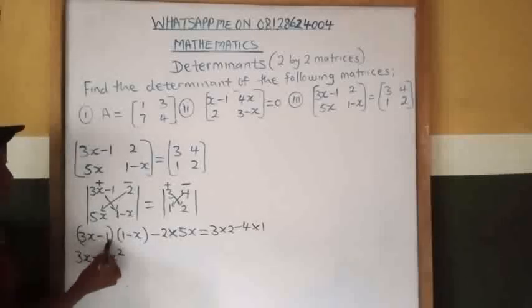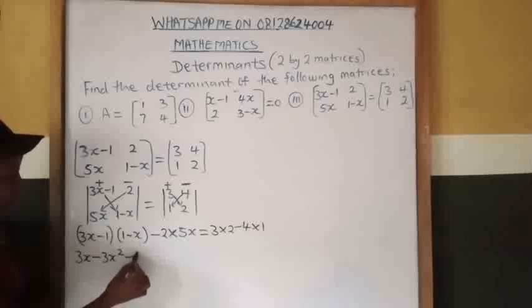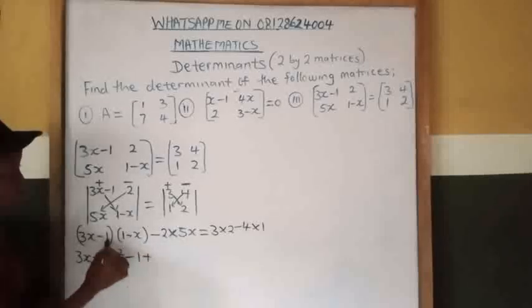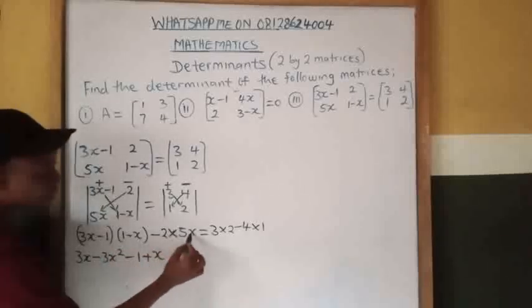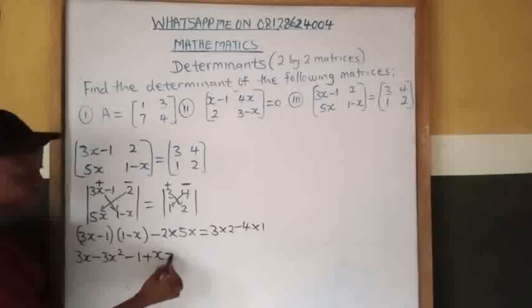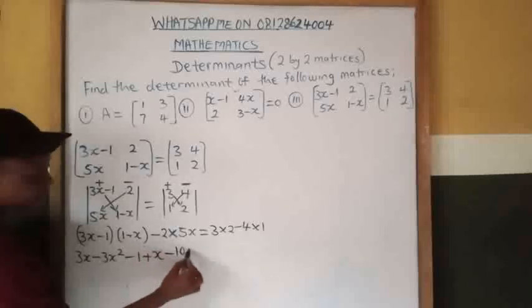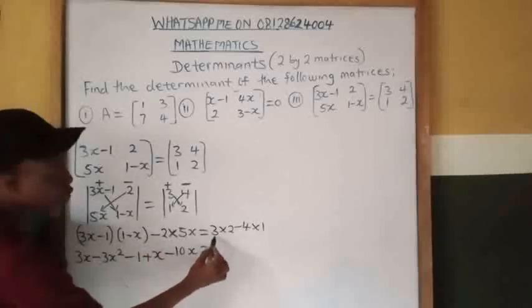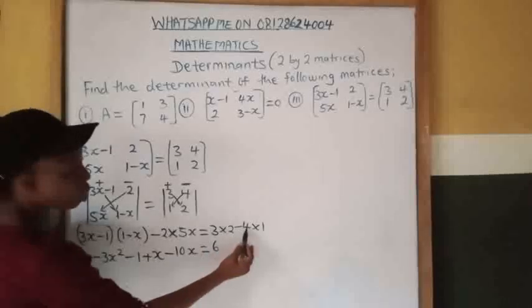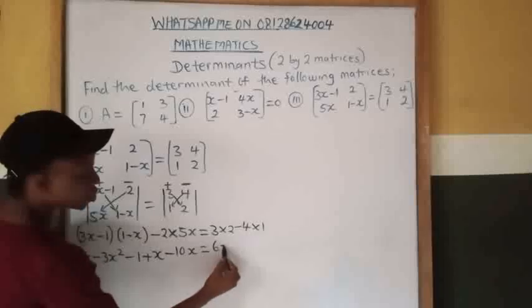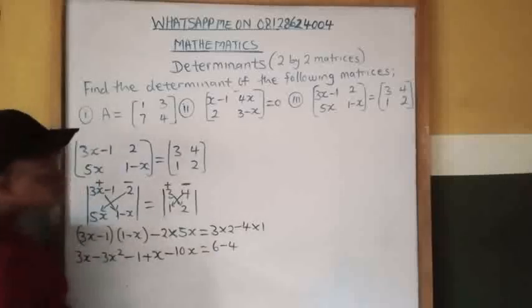Minus 1 times 1 will give us minus 1. Minus times minus will give us plus. 1 times x will give us x. Then 2 times 5x will give us minus 10x, equal to, 3 times 2 will give us 6. Then 1 times 4 will give us minus 4.